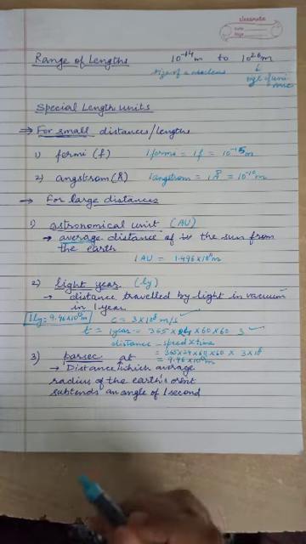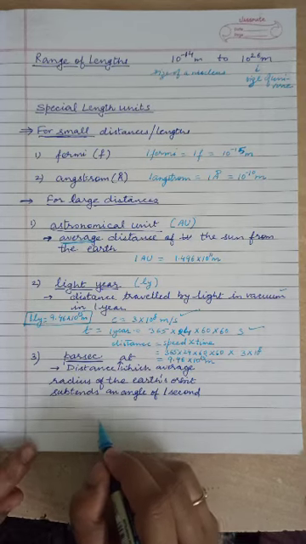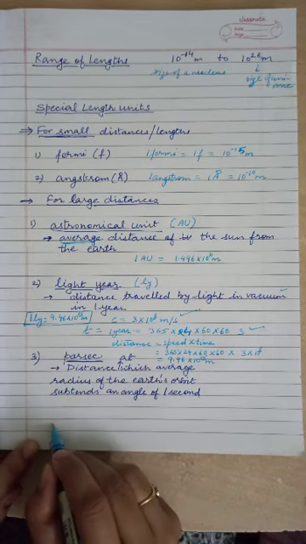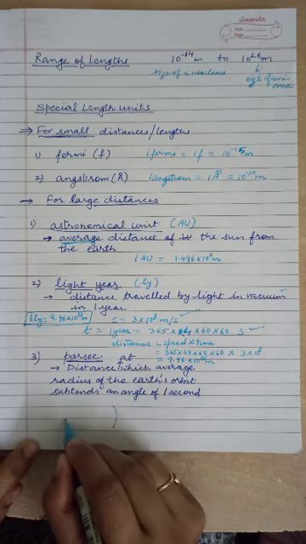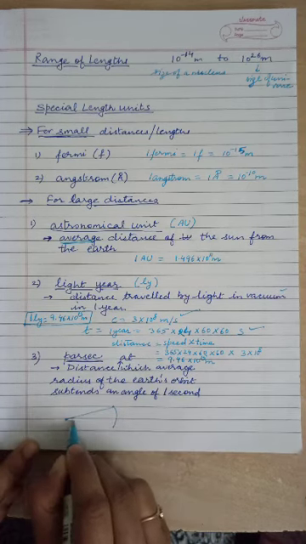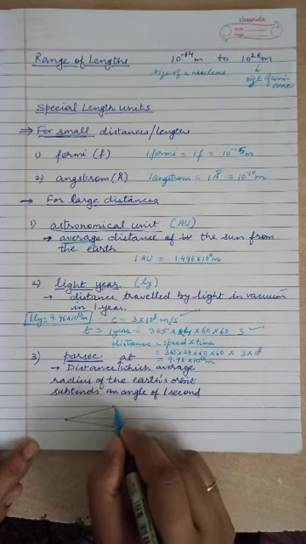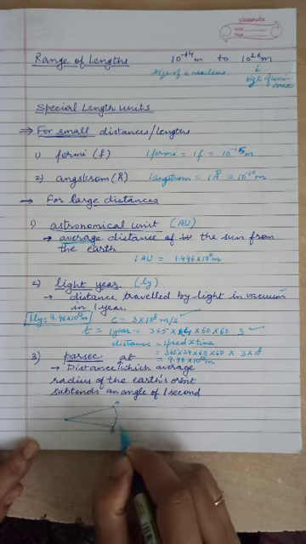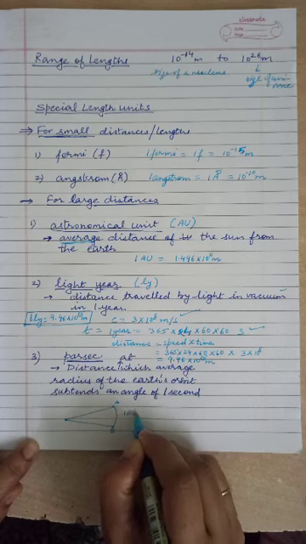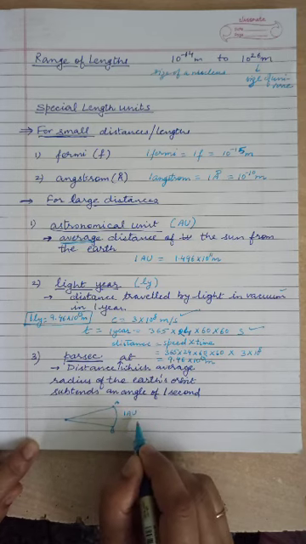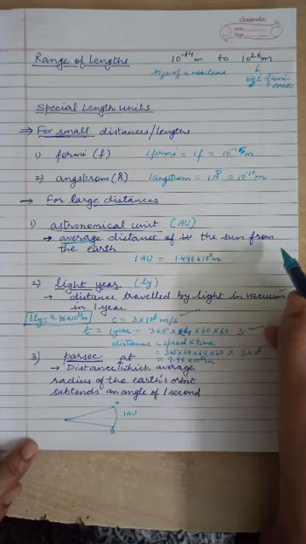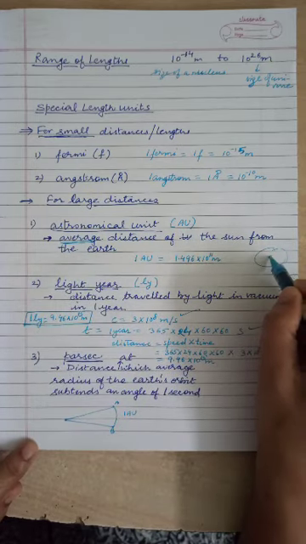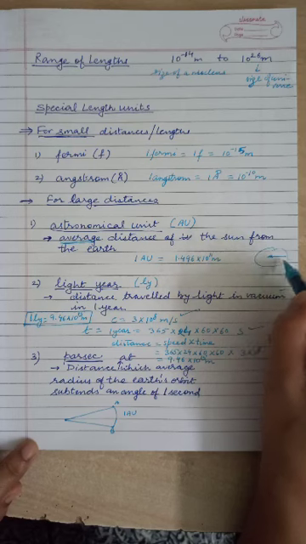Now to understand this definition, let us consider an arc. Suppose this is an arc, and this is the center of the arc, and this arc AB has a length equal to 1 astronomical unit. We know that 1 astronomical unit is the average distance of the Sun from the Earth, so it is the radius of the Earth's orbit around the Sun.